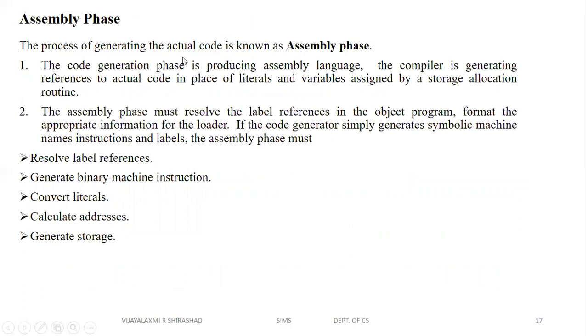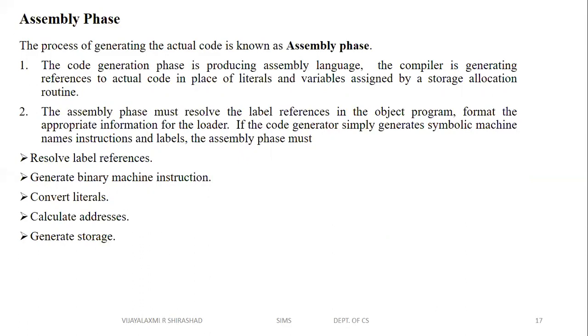Next, the assembly phase. The process of generating the actual code itself is called the assembly phase, that is, the object code. The code generation phase is producing assembly language. The compiler is generating references to actual code in place of literals and variables, assigned by a storage location. This routine itself is called the assembly phase. The assembly phase must resolve the label references in the object program and format the appropriate instructions for the loader.